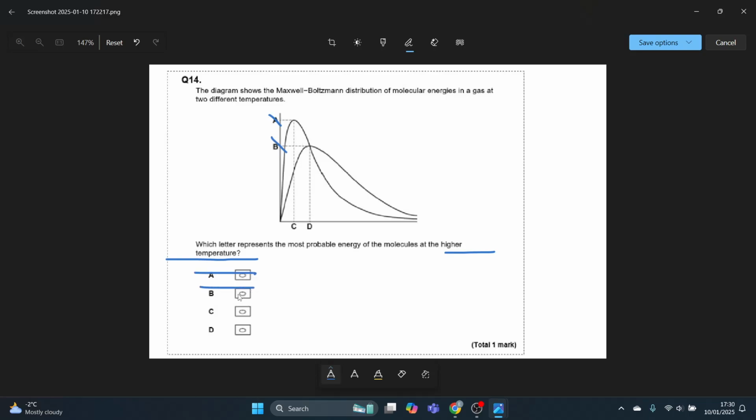So it's either C or D, and if you think about it, at the higher temperature, the answer will be D. I'm pretty sure. I'm just going to check my textbook now on this topic.